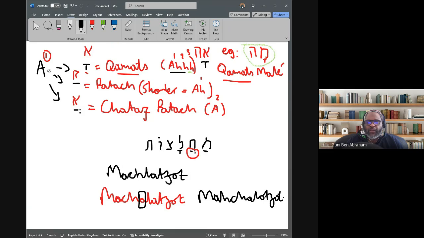If I said machalatzot, it would mean there's a long A sound here, which is a kamatz, and then it would mean that there's a patach here, which is not the case. Instead of a patach, we have a chataf patach. So I have to erase the deep A sound. So it becomes machlatzot. Machlatzot. Can you see it?